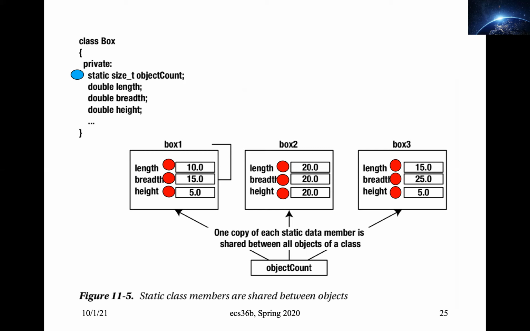When I use the keyword static, there is only one copy: across all the instantiations you create, that variable is going to be unique. That is the way to declare an attribute associated with the class.